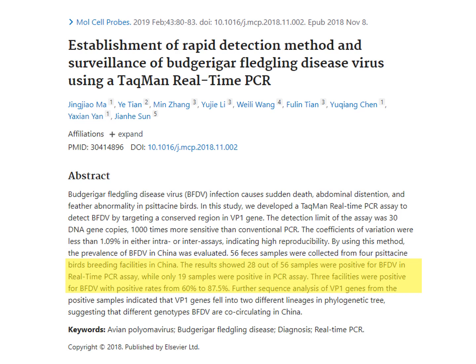And if we just look at the little yellow box here as well, we've got 28 out of 56 positive samples using this PCR, but only 19 positive in a traditional PCR as well. So you are going to get false negatives on your PCRs. It depends on sensitivity, etc. So we just have to be aware that you may miss these things.